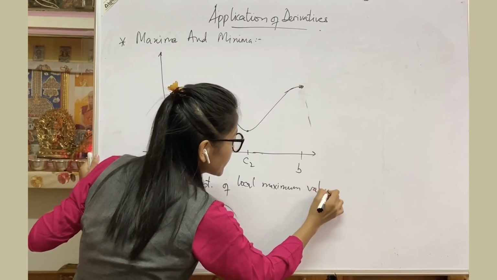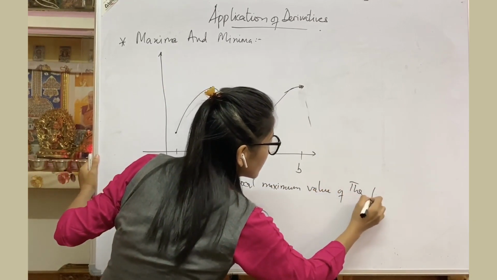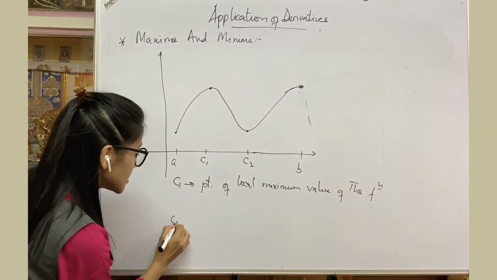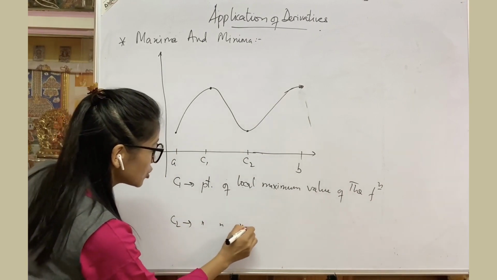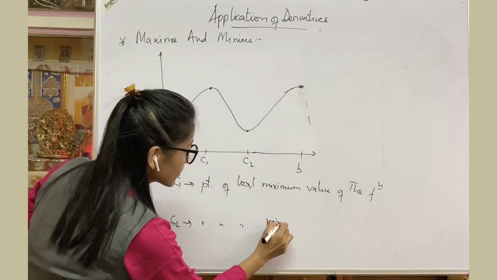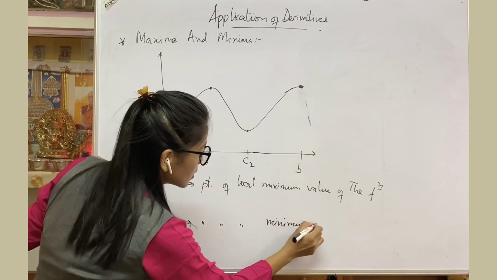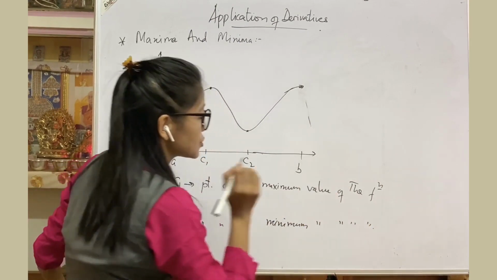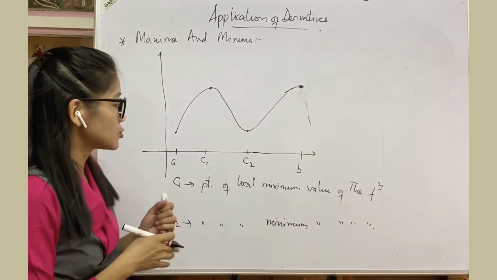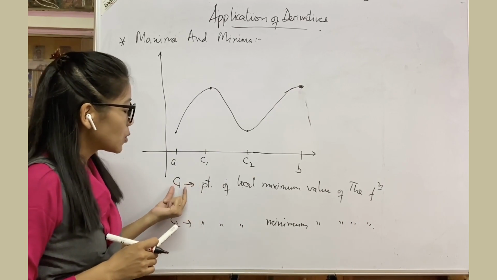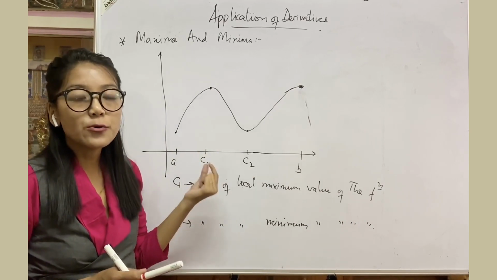C1 is the point of local maximum value of the function and C2 is the point of local minimum value of the function. So first you should know these two, which means at C1 the function is attaining its local maximum value.